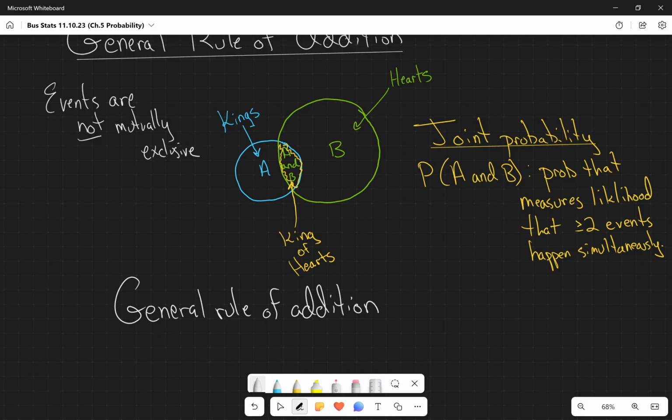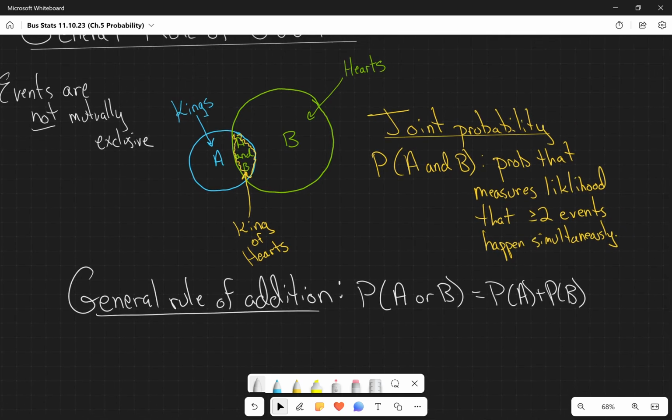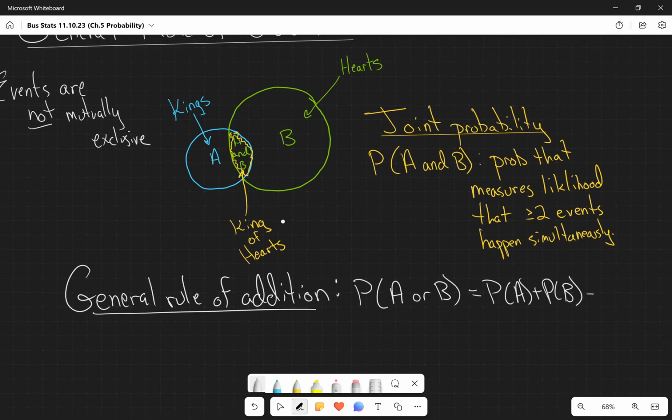So it's a special rule when they are mutually exclusive. It's the general rule when there's some joint probability there. So this is going to tell us that the probability of A or B happening is equal to the probability of A happening plus the probability of B happening minus that joint probability of both A and B happening.